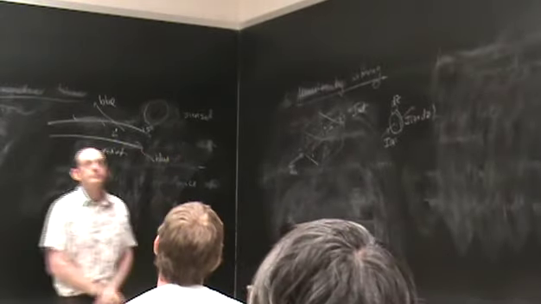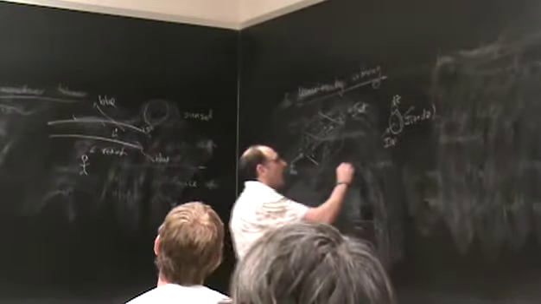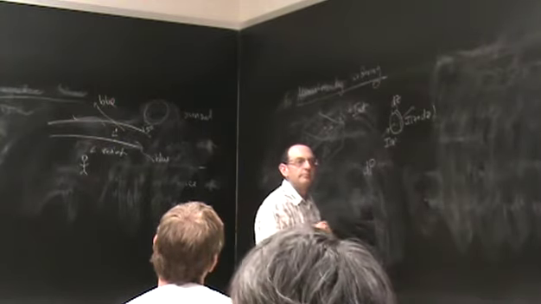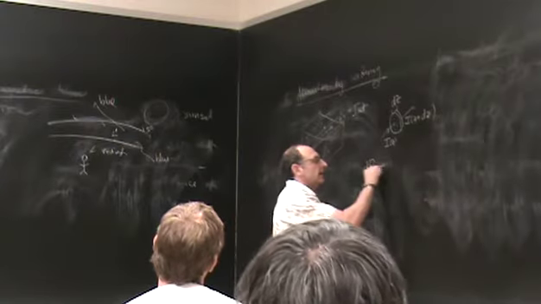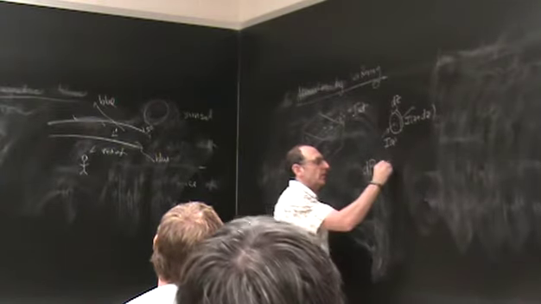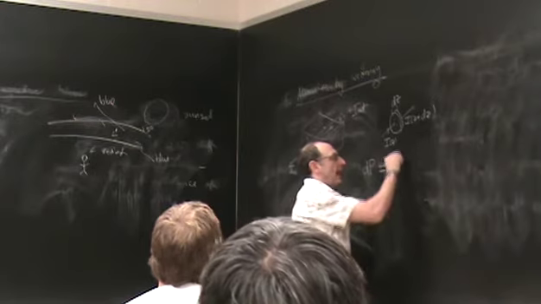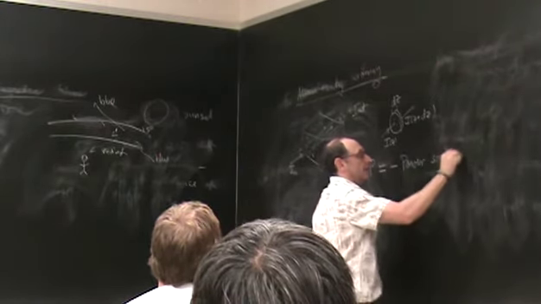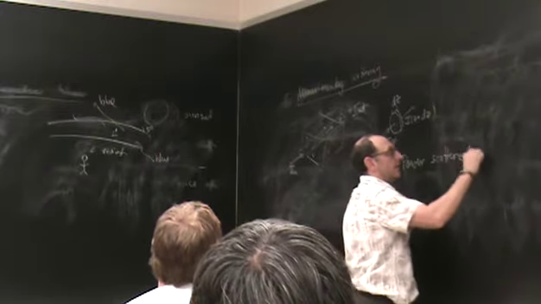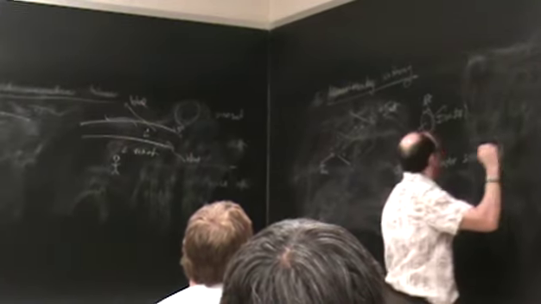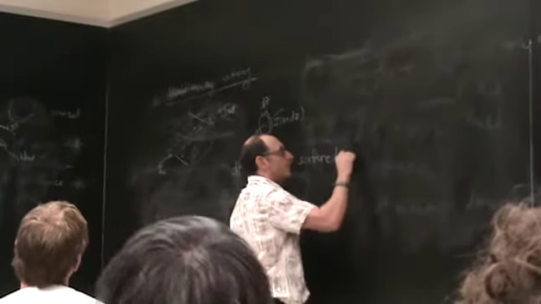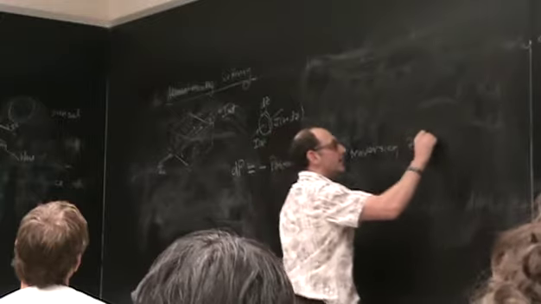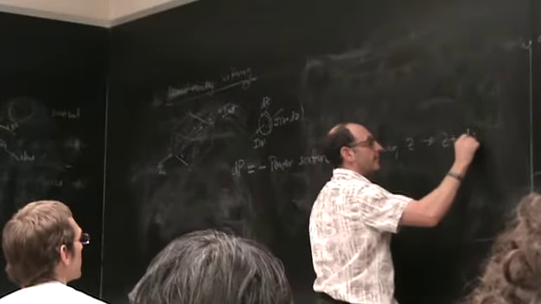Okay? So, the change in the power is equal to minus the power scattered traversing z to z plus dz.